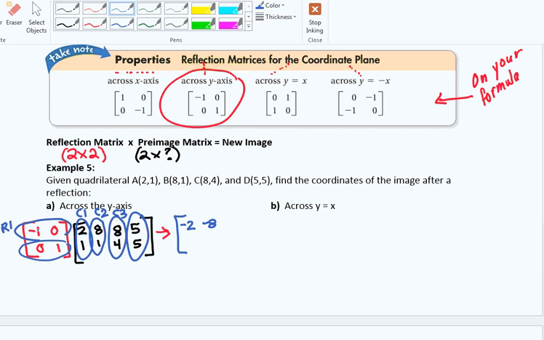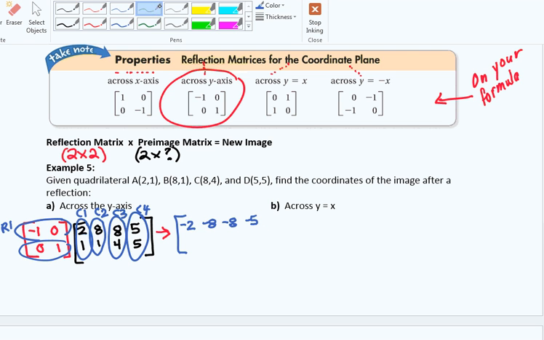Row 1 times column 3 is negative 1 times 8, that's negative 8, plus 0 times 4. So I just end up with negative 8. Row 1 times column 4 is negative 1 times 5, that's negative 5, plus 0 times 5. So I end up with just negative 5.